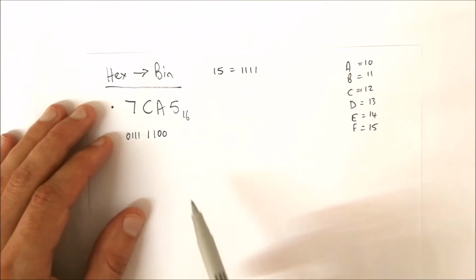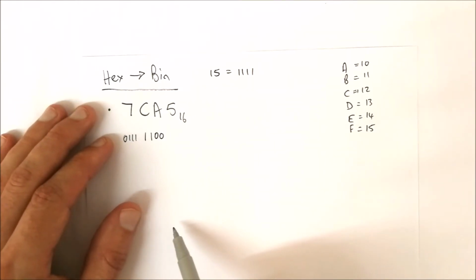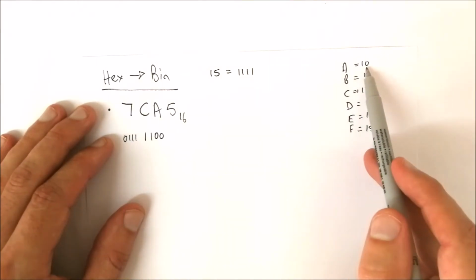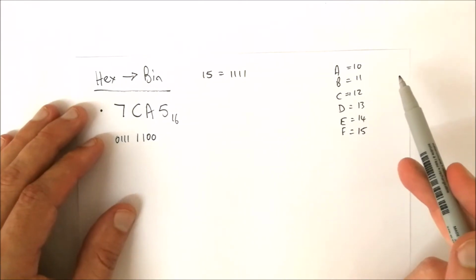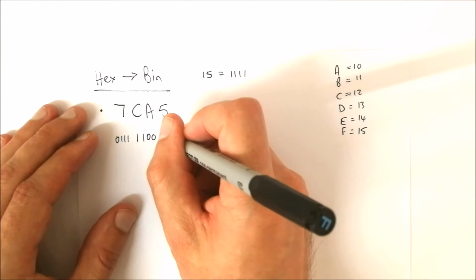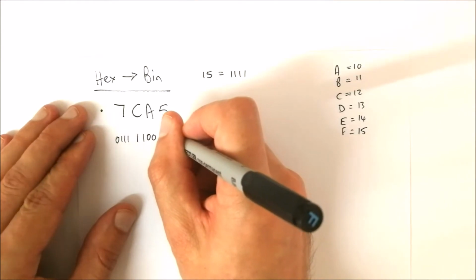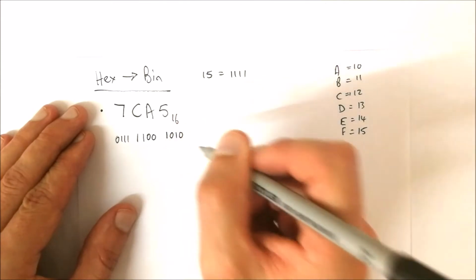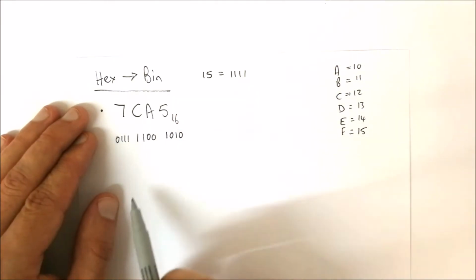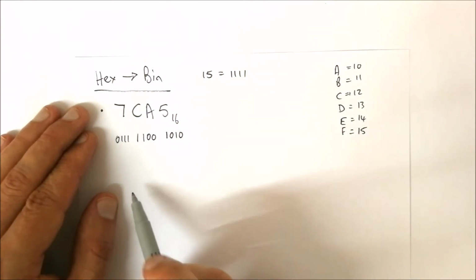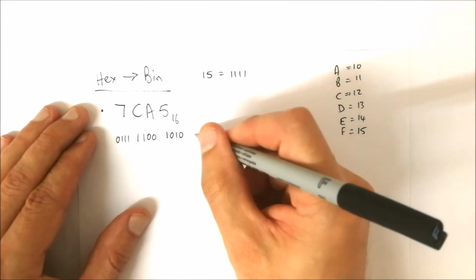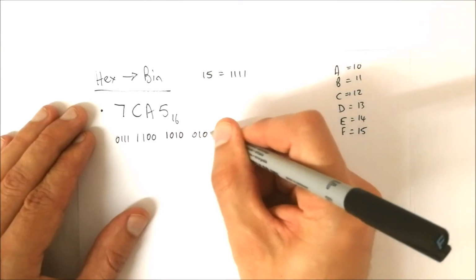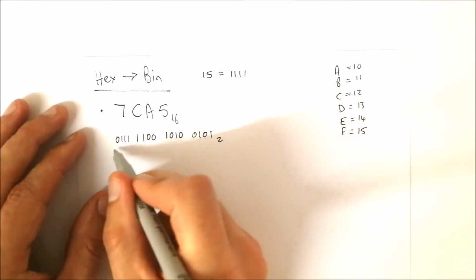What about A? A is the letter that represents 10. So 10 in binary would be 8 plus 2, so 1010. And finally, 5 in binary is equal to 0101. And that is our final answer.